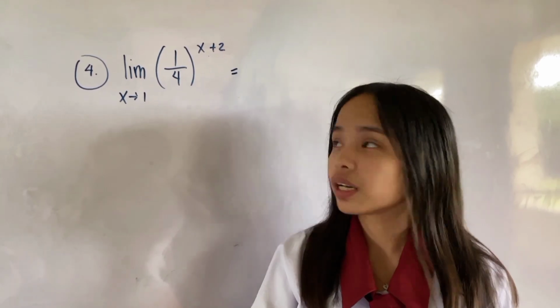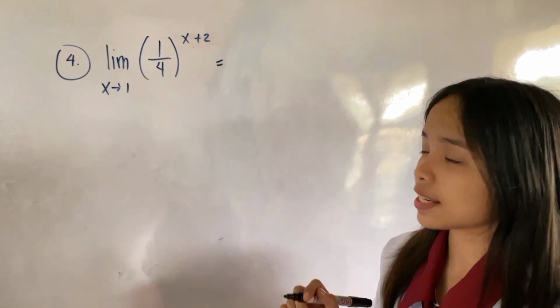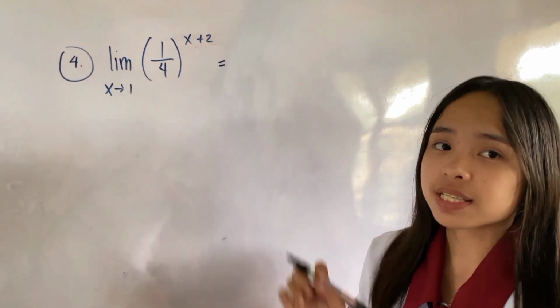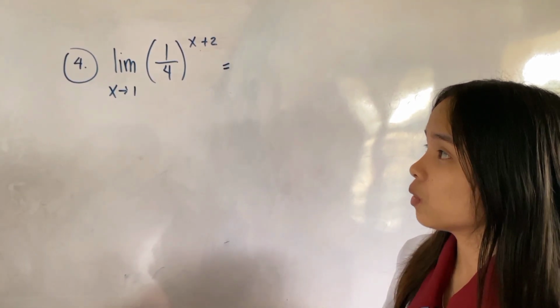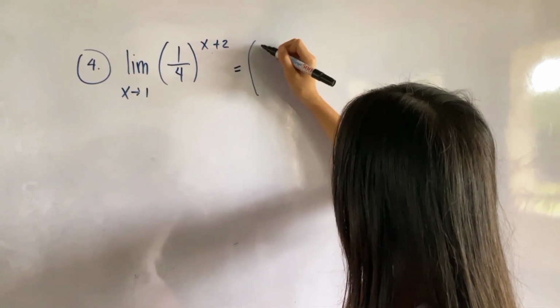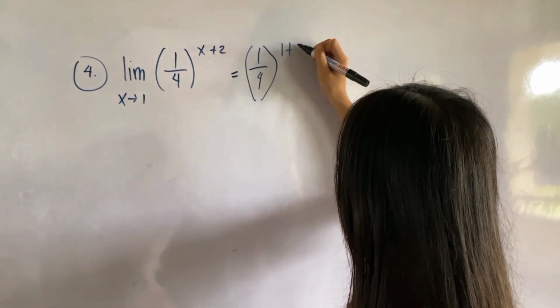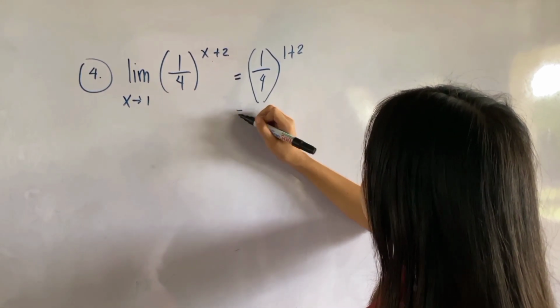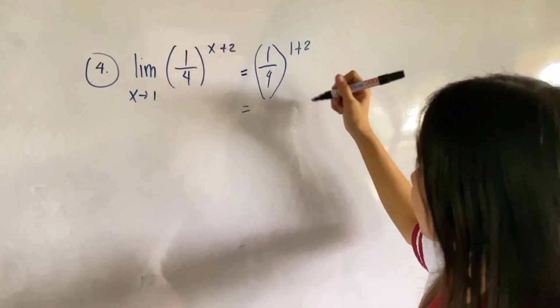Problem number 4. The limit of 1/4 quantity raised to x plus 2 as x approaches 1. So we will just substitute the x with 1 as the value of x is 1. So it will be 1/4 quantity raised to 1 plus 2. We will simply add the 1 and 2.